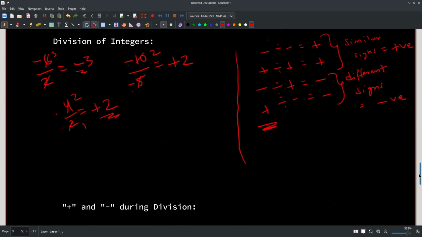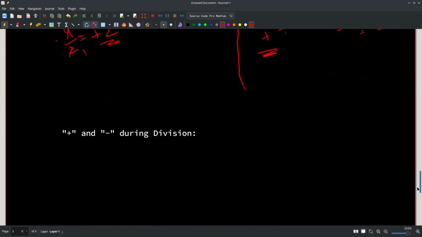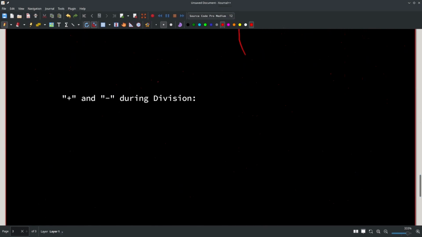Let's check the last concept, which I think I just told you about. Positive and negative during division. Positive divided by positive is positive. Negative divided by negative here is going to be positive.